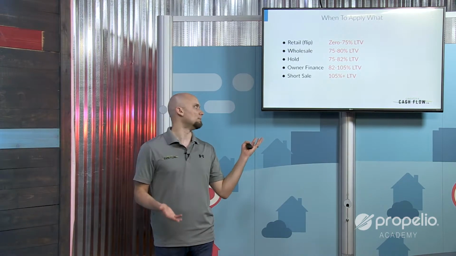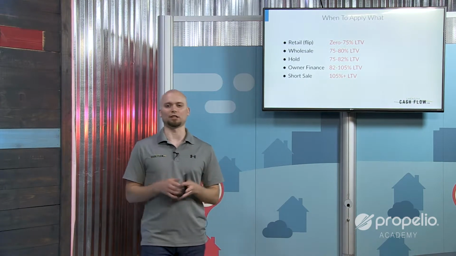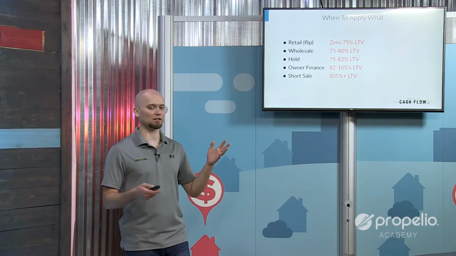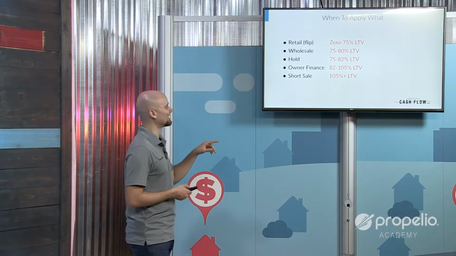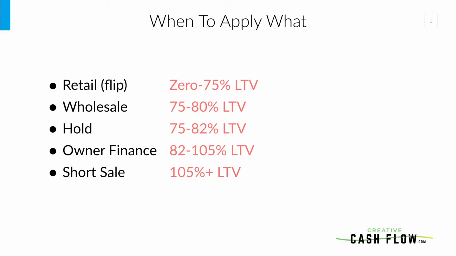Assuming you got that as a loan, that would be LTV, but we're interchanging basis and LTV at this point. LTV is only three letters, so that's the one that made it onto the slide. But if it's 0 to 75 cents, say you're able to get that $100,000 home at $70,000 all-in basis, that's a deal you should retail, fix, and flip. That's a quick, easy way to make a bunch of money.